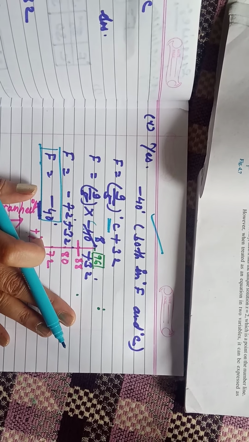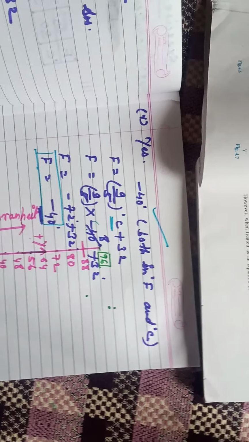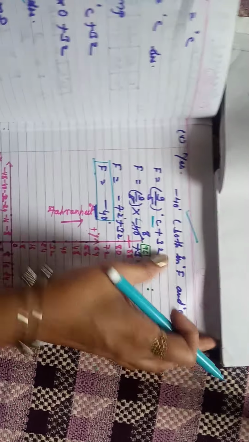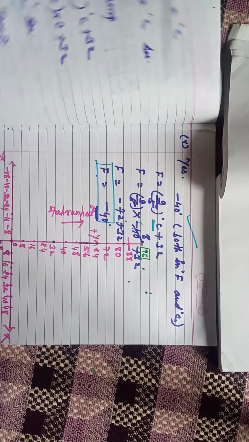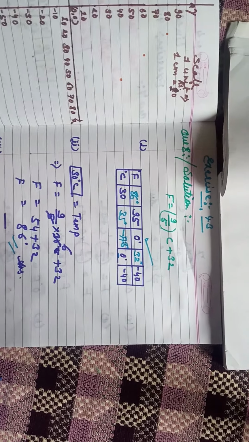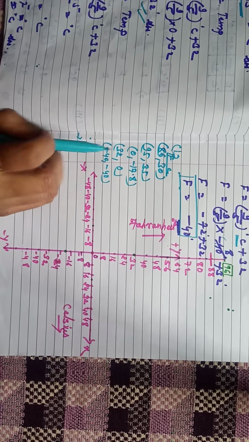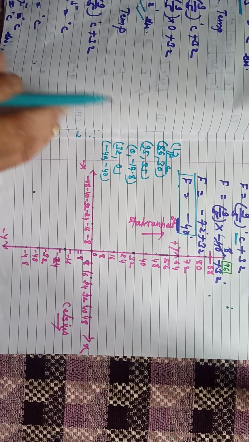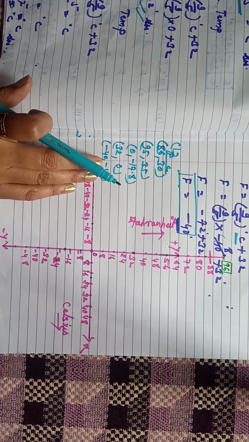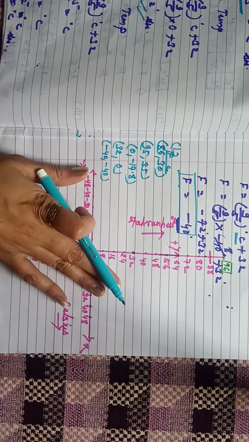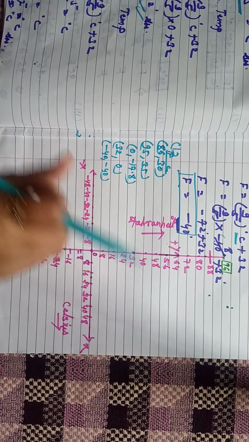Now we need to draw the graph of the given linear equation. We have already got some solutions for the given equation. These are the solutions of the given linear equation that converts Fahrenheit to Celsius and Celsius to Fahrenheit. Now we locate them on the Cartesian plane and draw the graph.